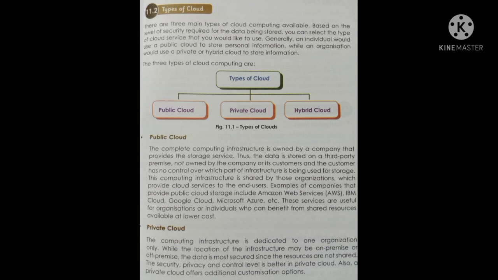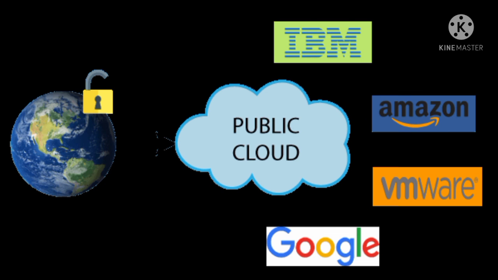This computing infrastructure is shared by those organizations which provide cloud service to the end users. Examples of companies that provide public cloud storage include Amazon Web Services, IBM Cloud, Google Cloud, Microsoft Azure Cloud.